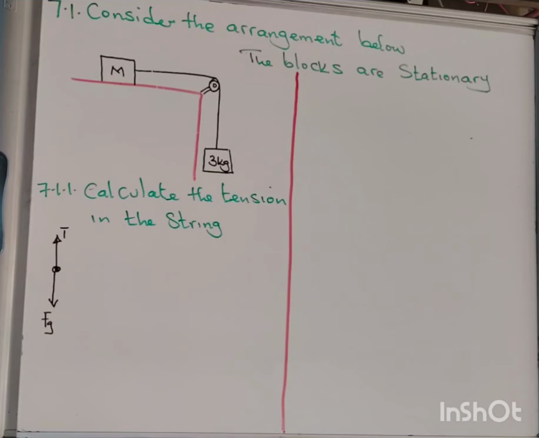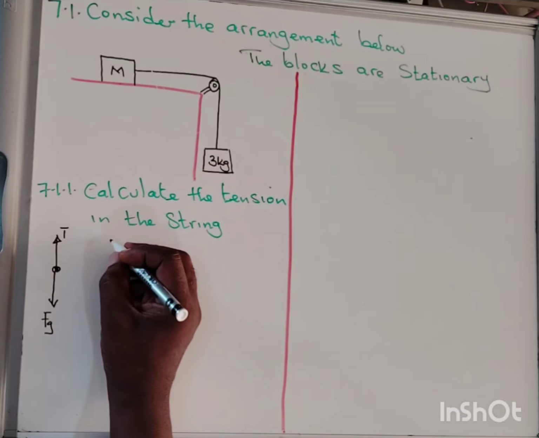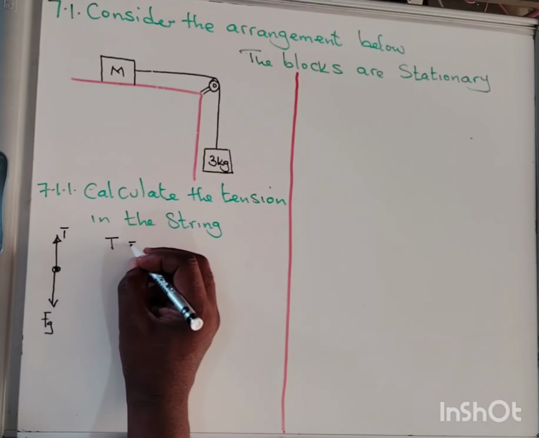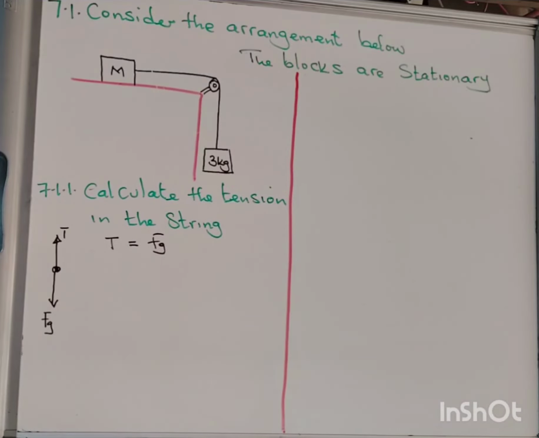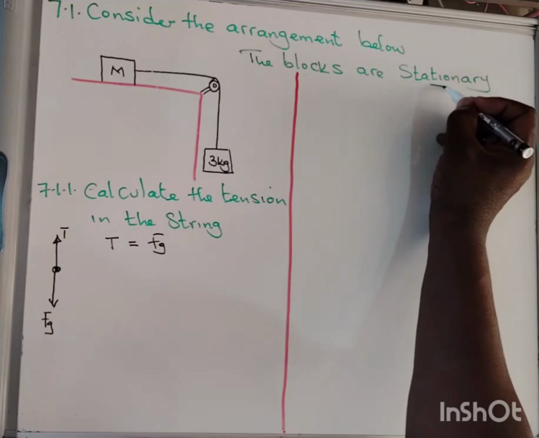There are two approaches. One, whenever equilibrium exists, the sum of forces in one direction is equal to the sum of forces in the opposite direction. In other words, we can say that T is equal to Fg because of this word stationary.